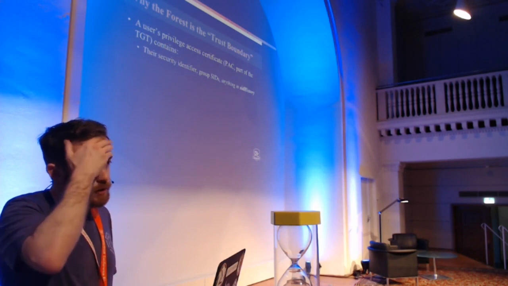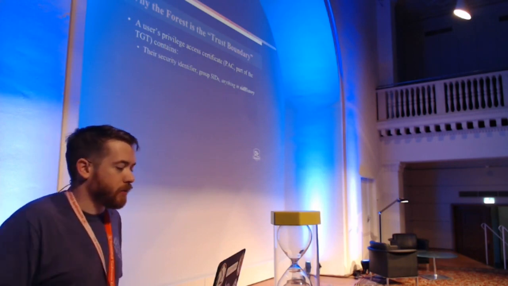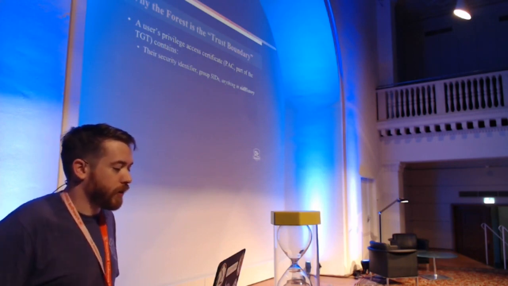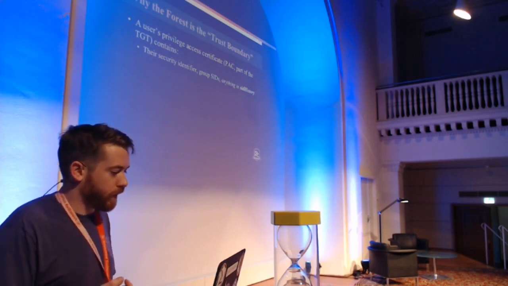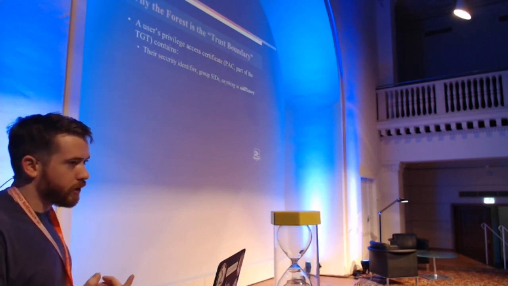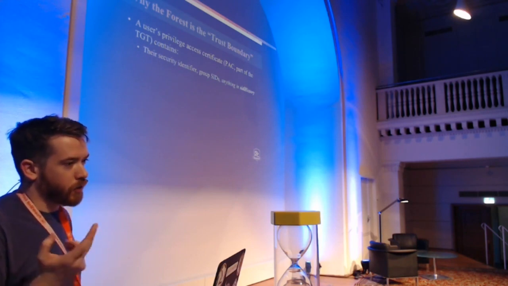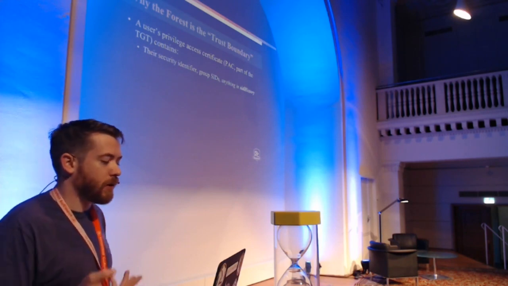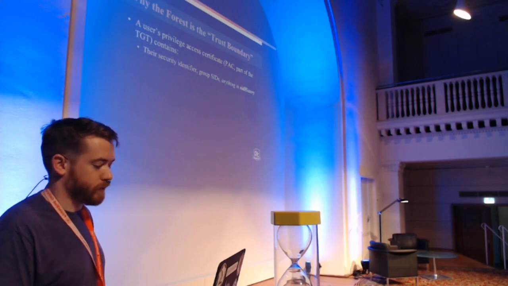Within your ticket granting ticket in Kerberos, there's the PAC, which is the Privileged Attribute Certificate. It contains several things, including the user security identifier, all the security identifiers for any effective groups that they're in, and things that are in SID history.